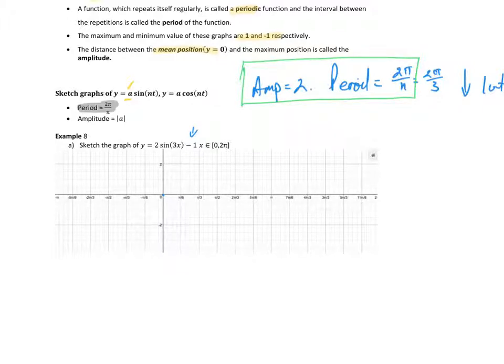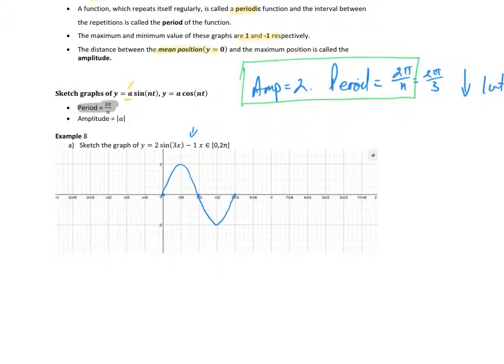So 2 pi on 3 is there. So my graph goes up and down. So halfway is pi on 3. So it goes up, down, up in the space of 2 pi on 3. Okay? So with the -1 now, it's between 0 and 2 pi.